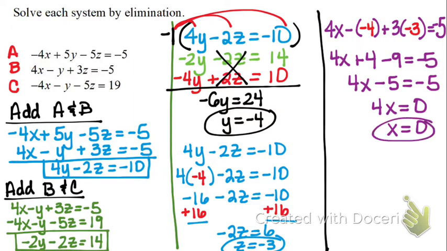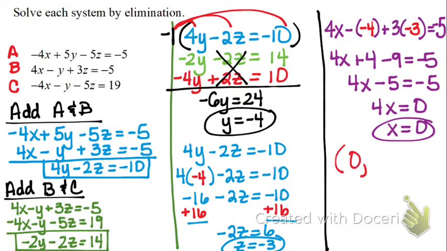Okay. Lost a lot of people there. Any questions about the process? And your last step is to write it in alphabetical order. So what would come first? What's first in the alphabet?